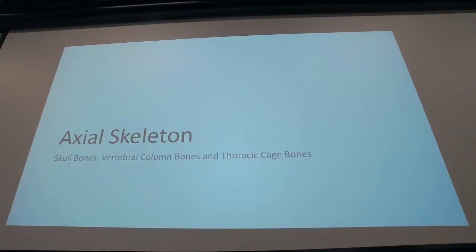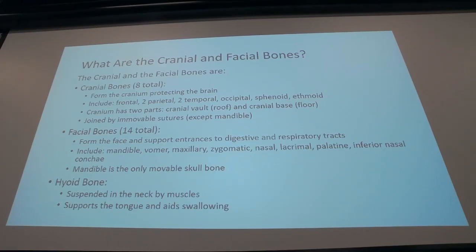So now let's look at the bones of the axial skeleton. Starting with facial bones and cranial bones. We have 8 total cranial bones. Some are paired, some are not paired. Examples of the ones that are not paired will be sphenoid, frontal, occipital, ethmoid.